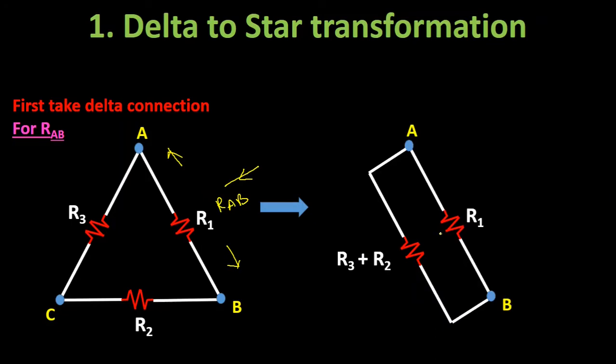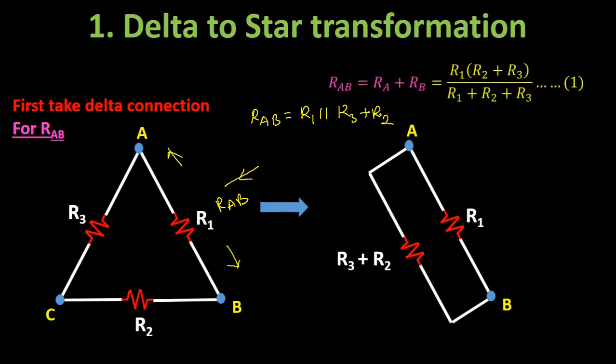So here we can see that this R1 is parallel with R3 plus R2 here, because R3 and R2 are in series when we are seeing from this side. Okay. Now RAB will be equal to R1 parallel R3 plus R2. So when we solve this equation, we get RAB is equal to RA plus RB is equal to R1 into R2 plus R3 whole divided by R1 plus R2 plus R3. This is equation number 1.